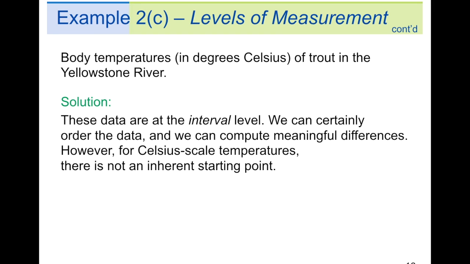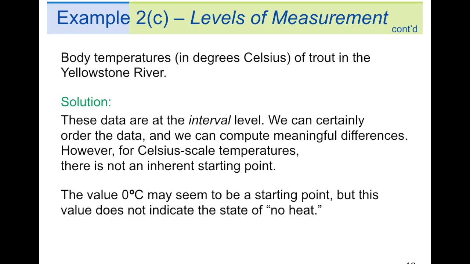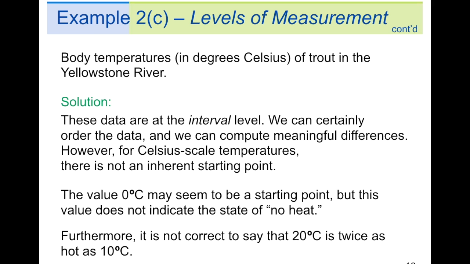It's not no. So it's going to be interval. Because 0 degrees Celsius doesn't mean there's no heat. You can have negative degrees Celsius. So you can't say 32 degrees Celsius is twice as much as 16 degrees Celsius because there is no true 0. Or that 20 degrees is twice as hot as 10 degrees Celsius.